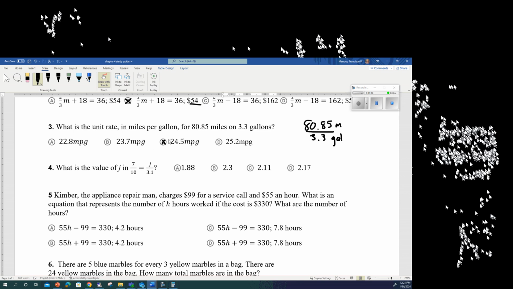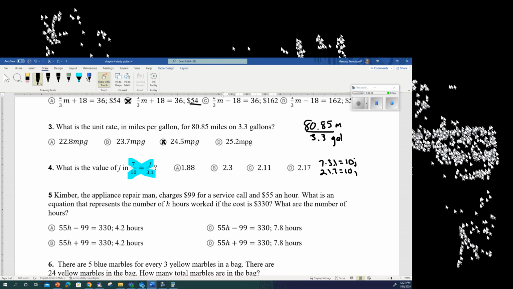Number 4, what is the value? I know that I can do this by using cross multiplication. Use my highlighter. It tells me I'm going to multiply 7 times 3.1, and it has to equal 10 times J. 7 times 3.1 is 21.7.